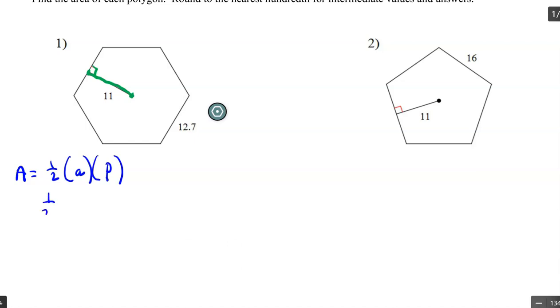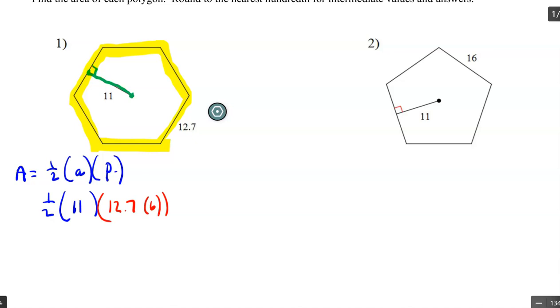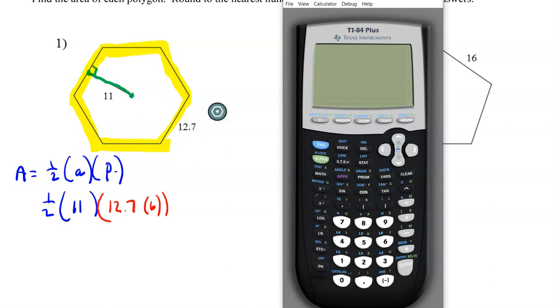So for this problem, the area is 1/2, the apothem is 11. Now to get the perimeter, I need to add up all the sides. The perimeter is this length all the way around. I could add up 12.7 six times, but I'm just going to multiply. So I'm going to go 12.7 times 6 sides and pull up my calculator and see what shakes out.